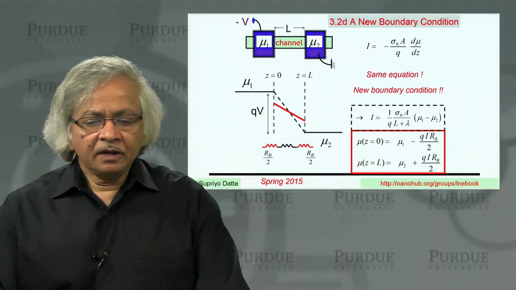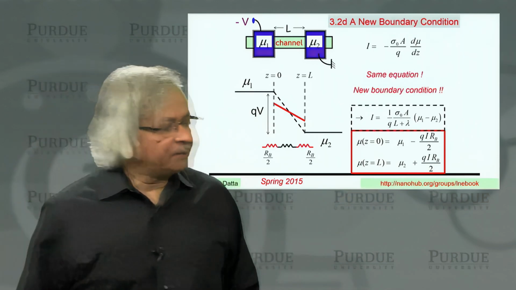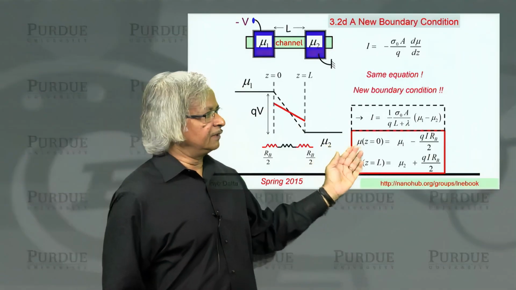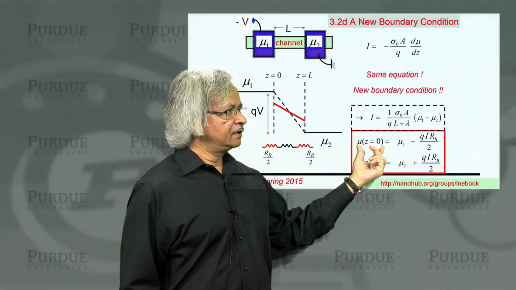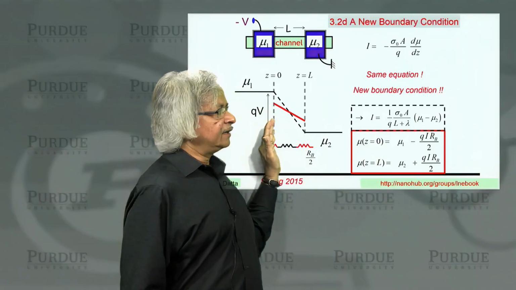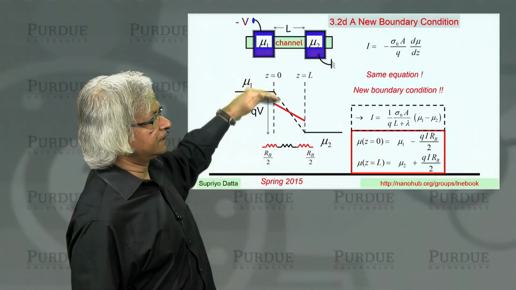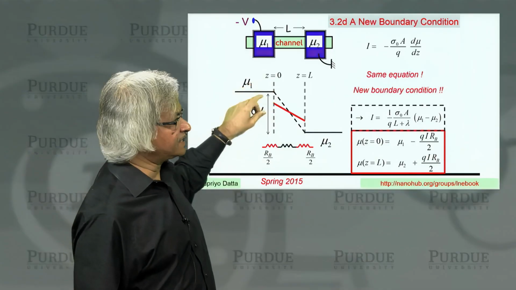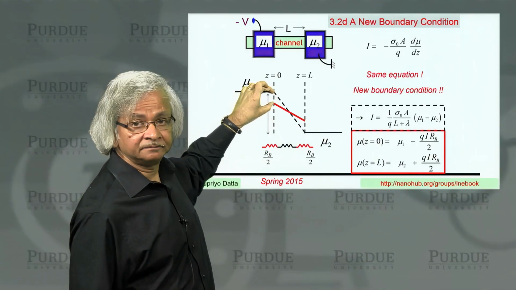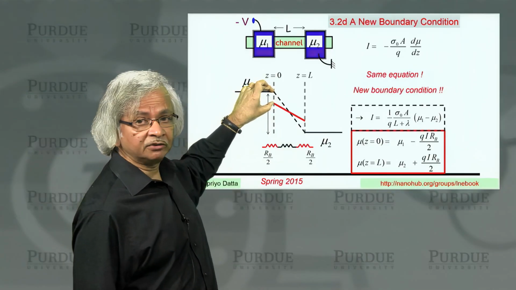Okay. Now, how do you interpret this boundary condition? Well, what you're saying is that the electrochemical potential at this end is not mu1, but a little less by the amount proportional to the current. What that means is there is a potential drop here, and that is proportional to the current.